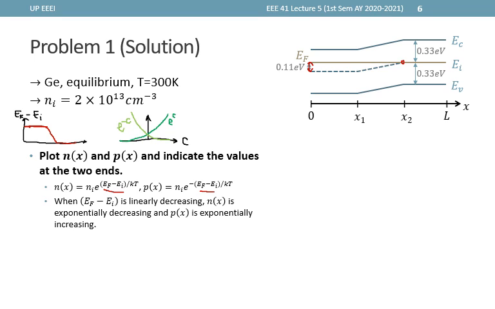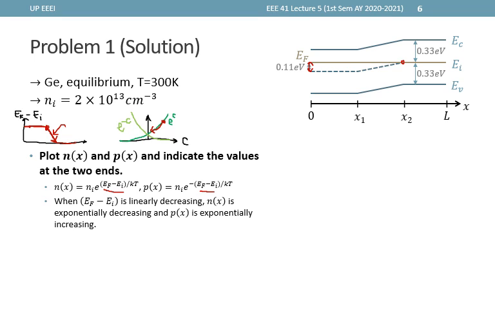So now in this plot, our x-axis c is simply linearly increasing continuously from left to right. So when ef minus ei is linearly decreasing, just like what we have here, so from this point it is linearly decreasing, then we must be going backwards in the plot since ef minus ei is linearly decreasing.